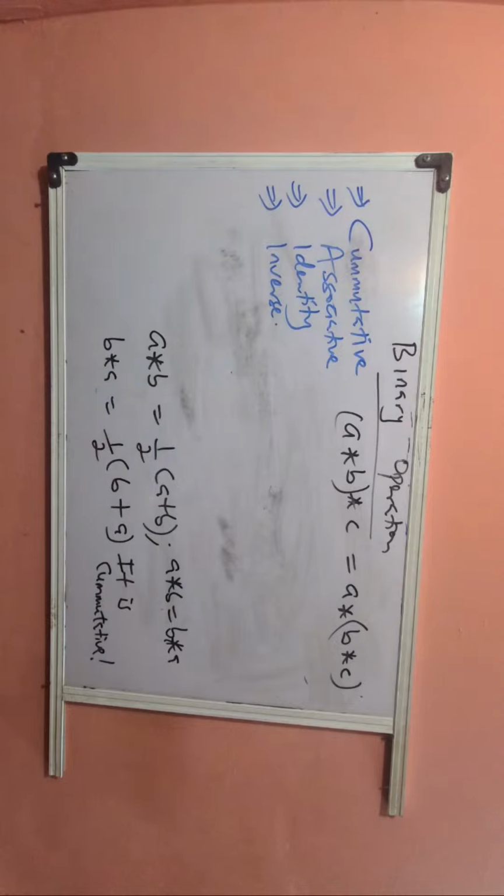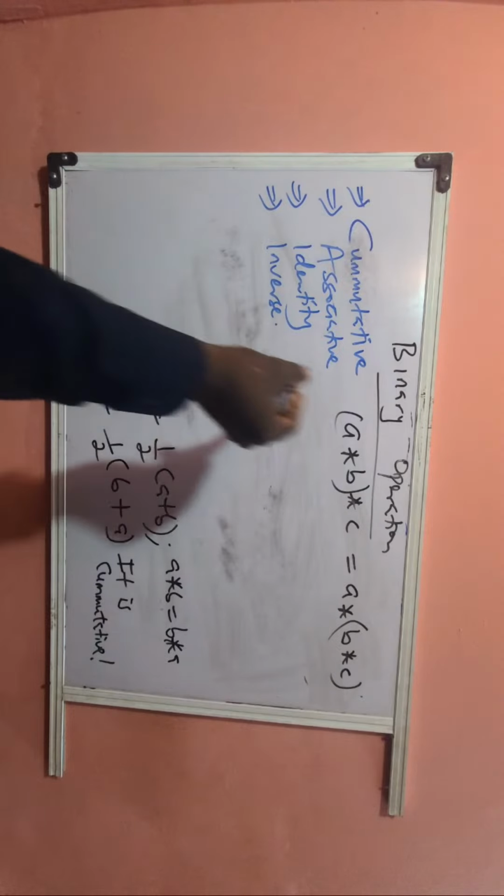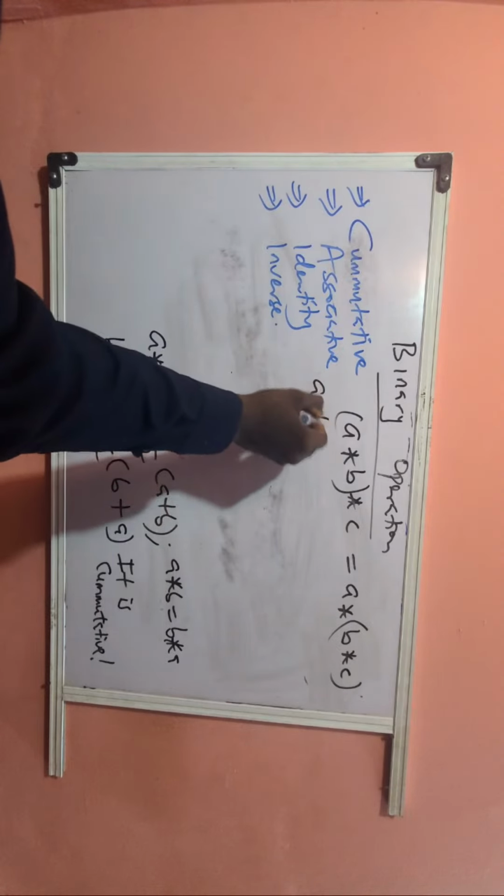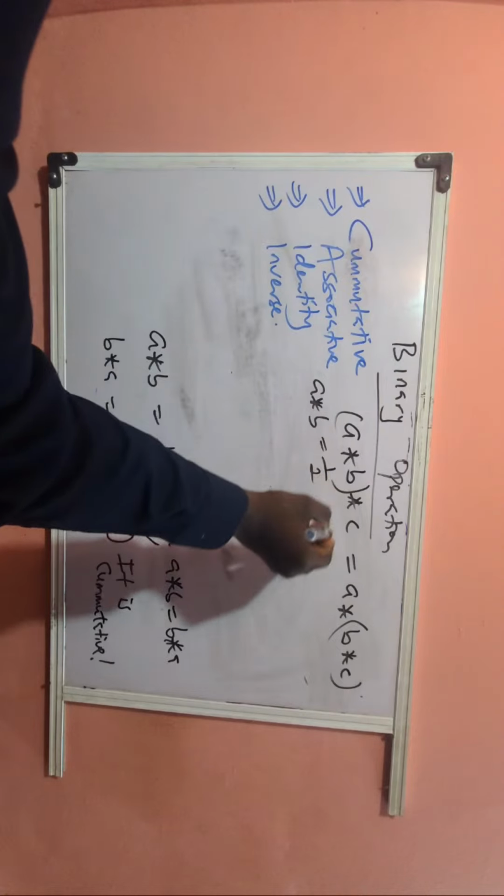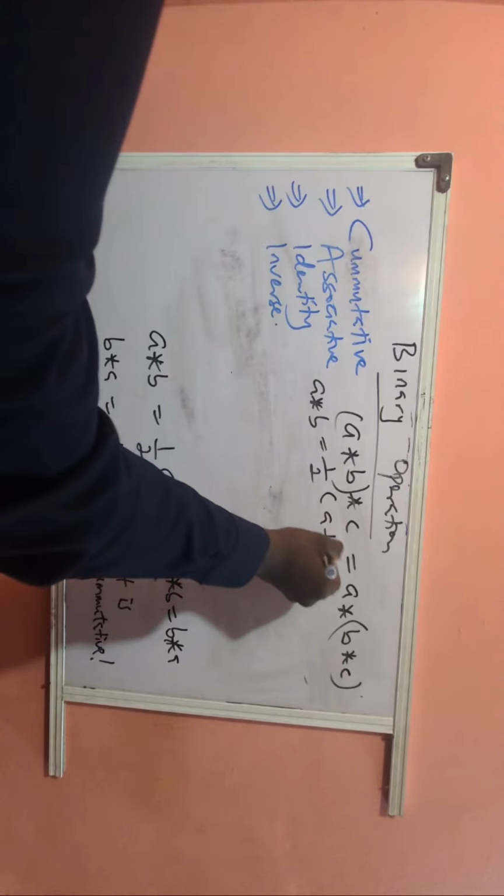So let's try and investigate this particular question we had. Let's just use what we have right here, and I hope you can understand it. Now we have A star B given as 1/2 (A plus B).